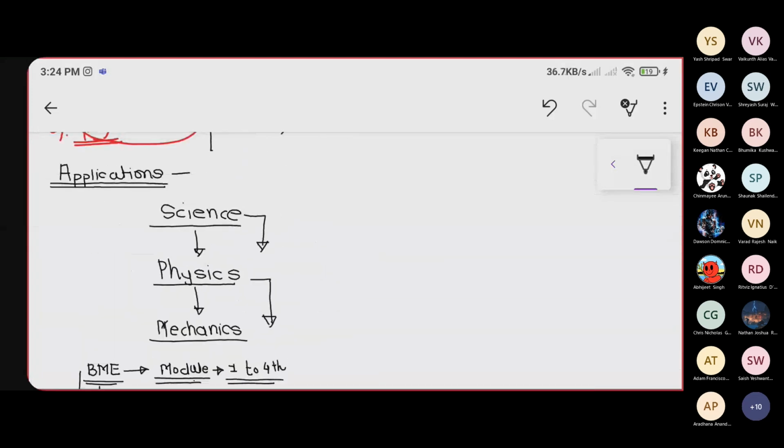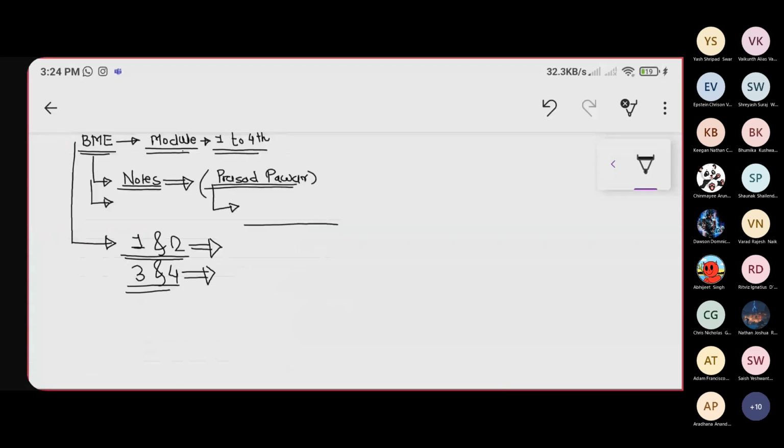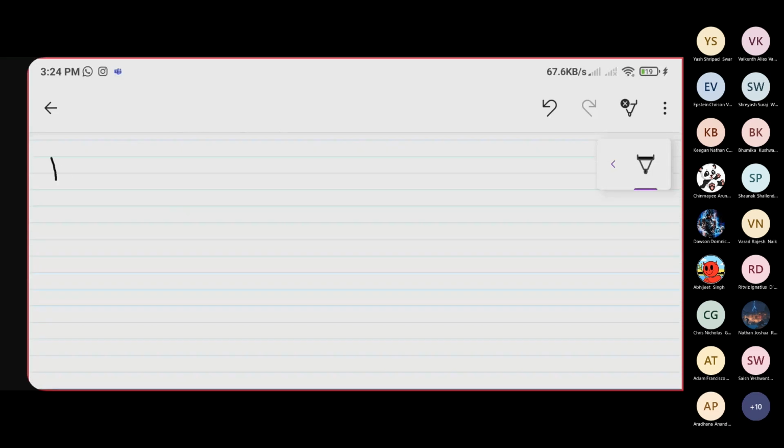Then, what I told you earlier is we started with science, then we entered into physics, then we enter into mechanics. Now, again, in mechanics also, we have a sub-branch, engineering mechanics.